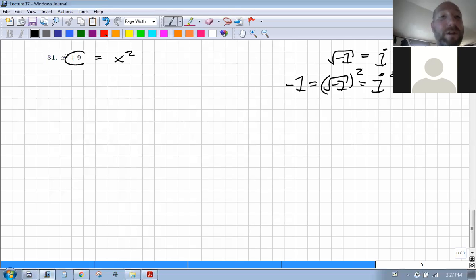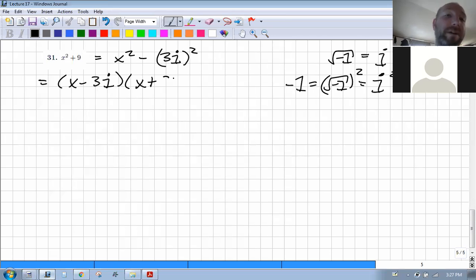So we could take this plus 9 and rewrite it as minus 3i squared. This i squared is a minus 1, and then the other minus makes a plus. So even if it's a plus there, you can still rewrite it as the difference of two squares. So this would be x minus 3i times an x plus 3i.